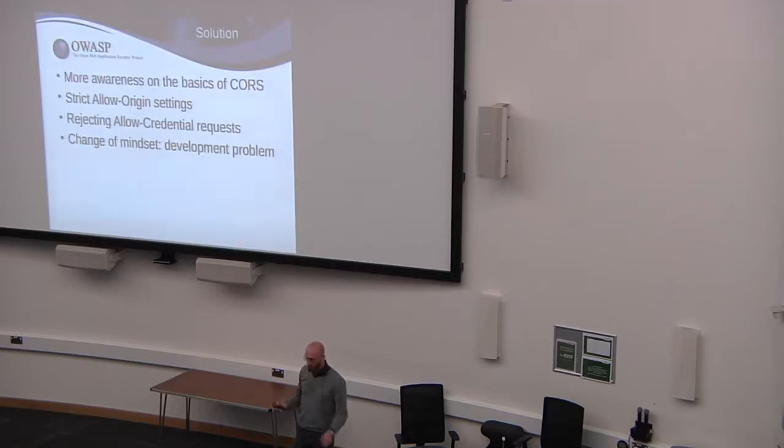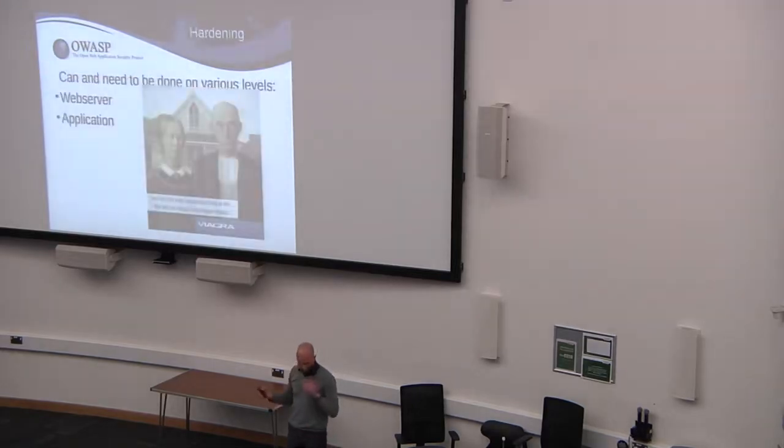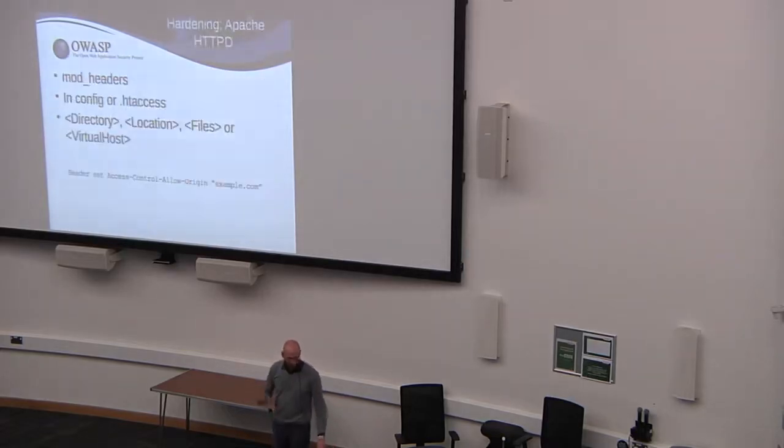These settings are both on the web server or web container level, and also on the development level. You can either set it in the web server, like with Apache HTTPD, where you can use mod_headers and set it for different files and different directories, in this way simply setting the header.